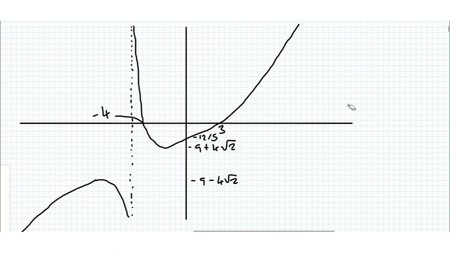We've got our y and x intercepts, we've got our turning points, and we've got a space in between the two points that we found using our y equals k technique, where there's no solutions.